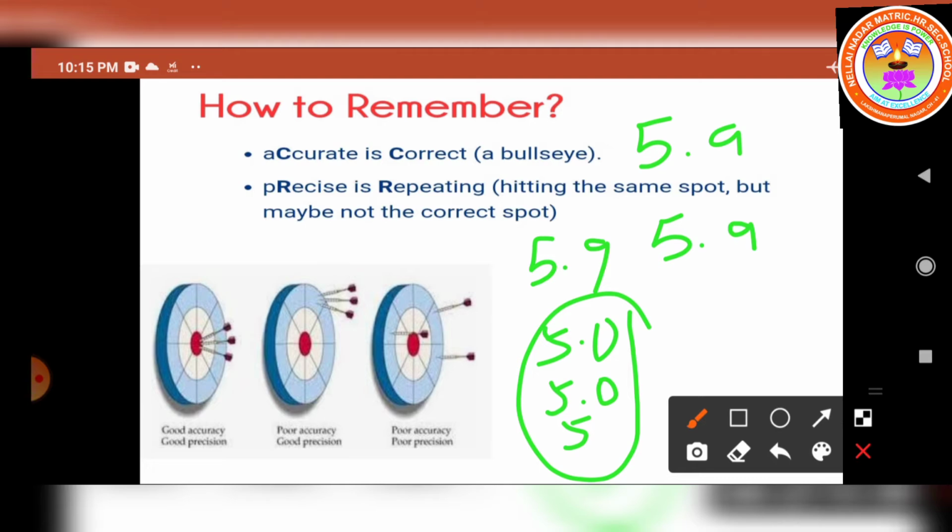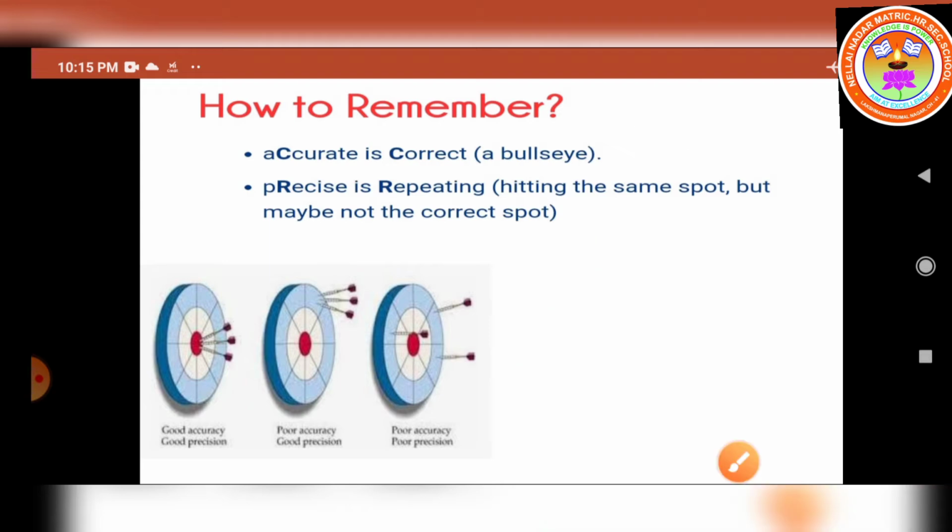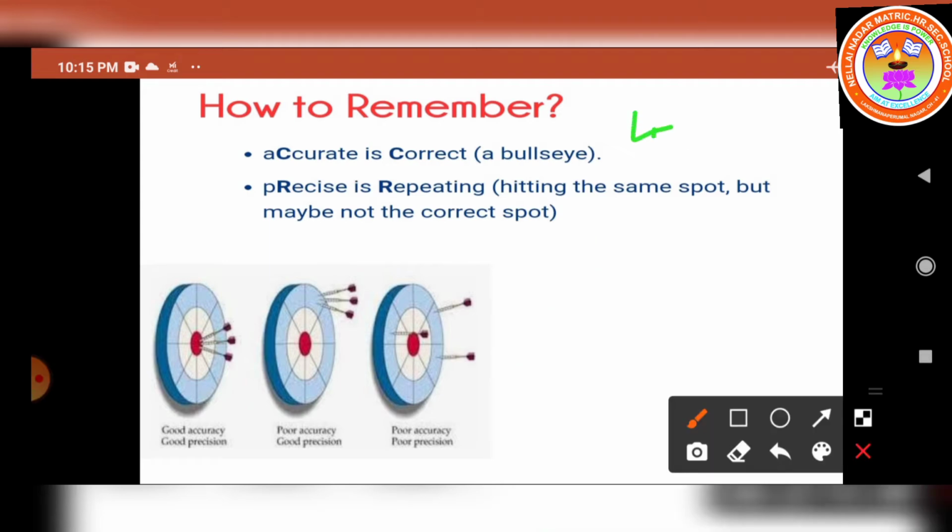Let us move on to one more example. The temperature outside a building is measured by a weather thermometer as 40 degrees Celsius, and the real outside temperature is 40 degrees Celsius. So the measured value is 40 degrees Celsius, the same as the actual value, so the thermometer is accurate.